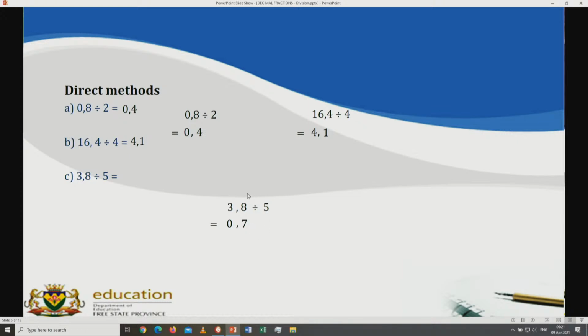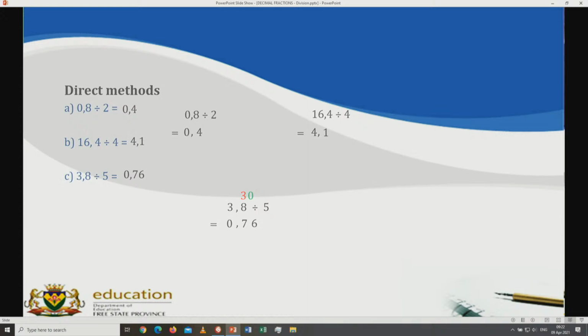We are left with 3, because 7 tenths makes 35 tenths. That's why we are left with 3 tenths. And now remember that we said 3 tenths is the same as 30 hundredths. Therefore 5 into 30 will give us 6. Again, we are getting 0,76.